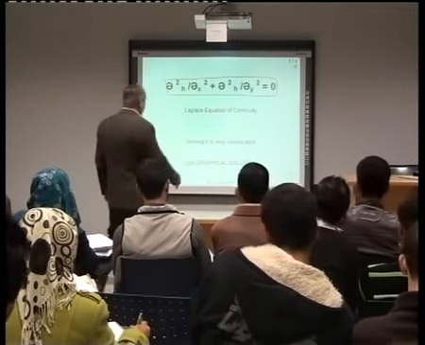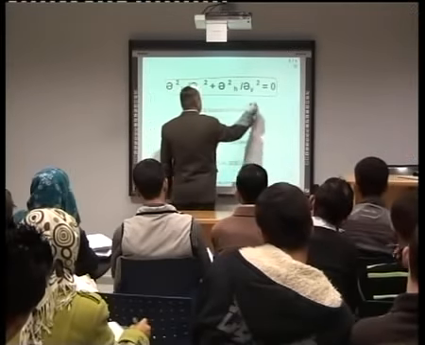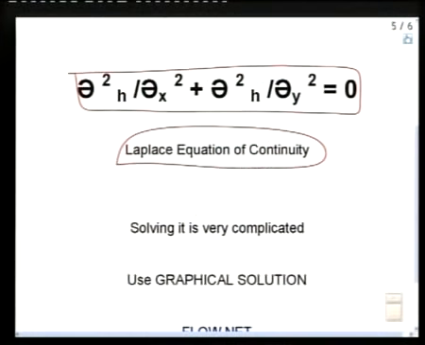Laplace equation of continuity. It's an easy equation, you see. It's just d square h by dx square plus d square h by dy square plus d square h by dz square, if we have the three dimensions, equals 0. Writing it is very easy, but solving it is very complicated.